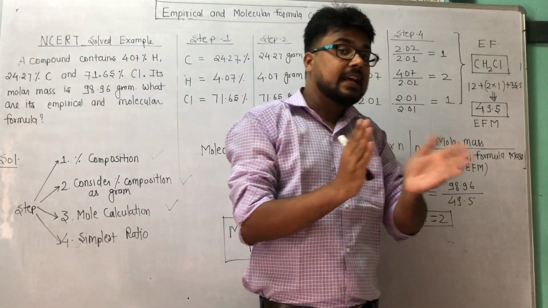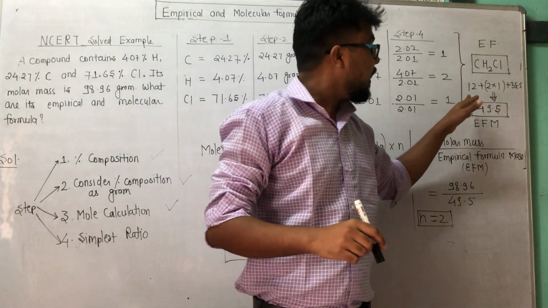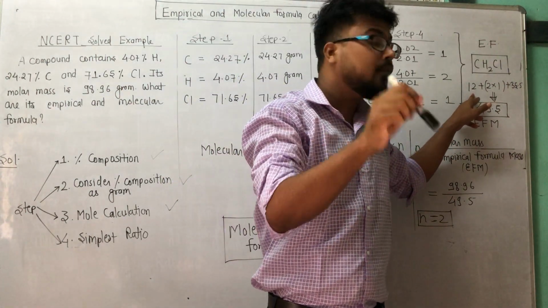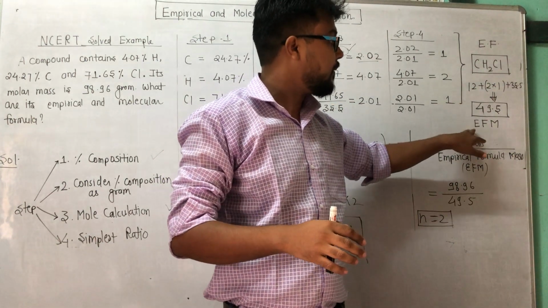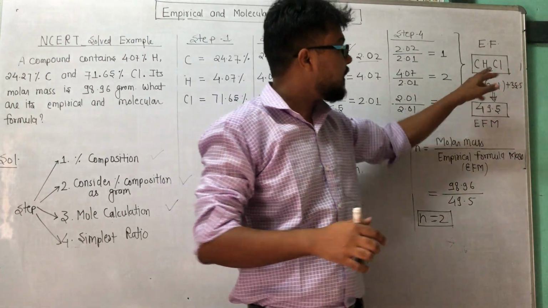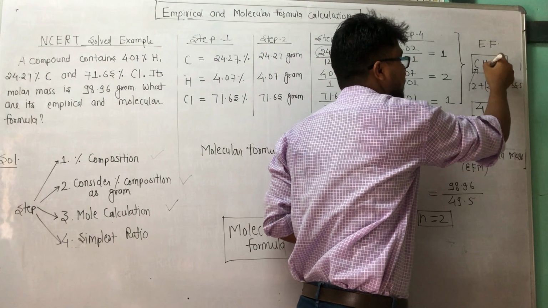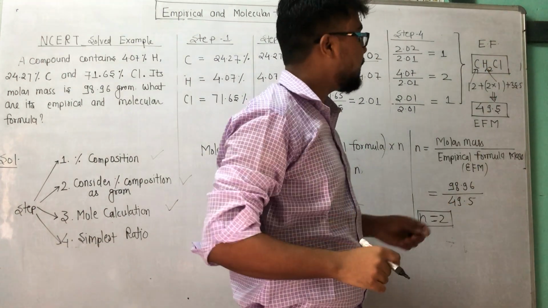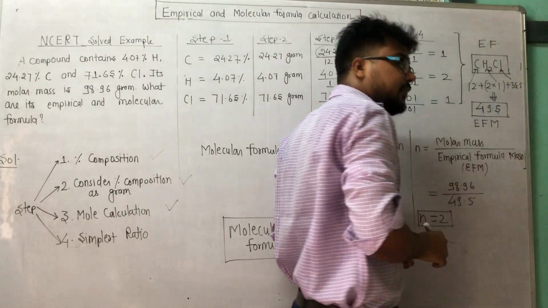Now, as I calculated the empirical formula, my first duty is to calculate the empirical formula mass, abbreviated as EFM. What is EFM? Empirical formula mass. So for carbon I will use 12, and for hydrogen it is 1, and because there are 2 hydrogens, I multiplied by 2, and next is chlorine, which is 35.5.